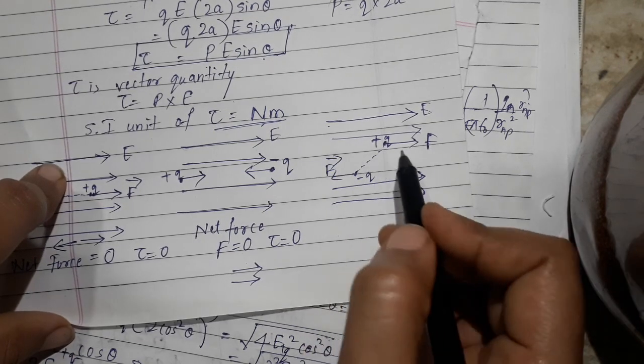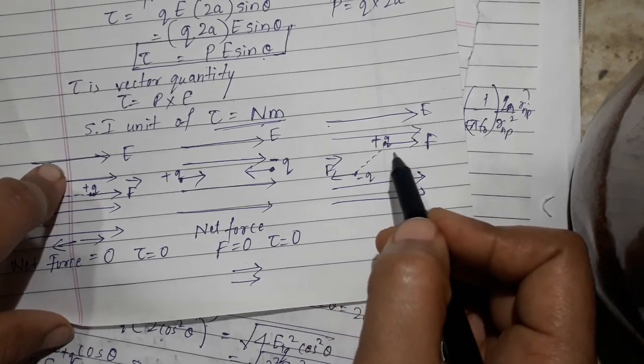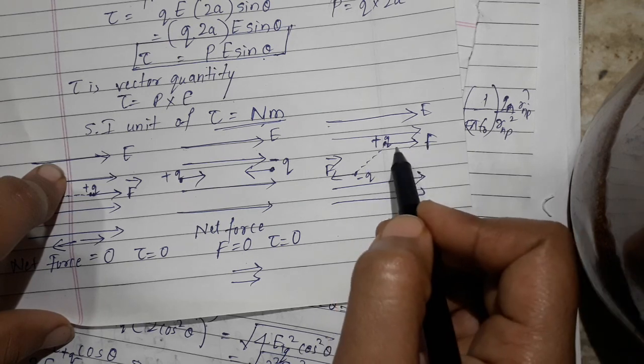Here the net force will be 0 because the forces are in opposite directions only.